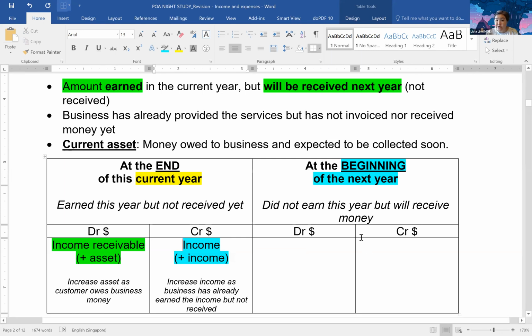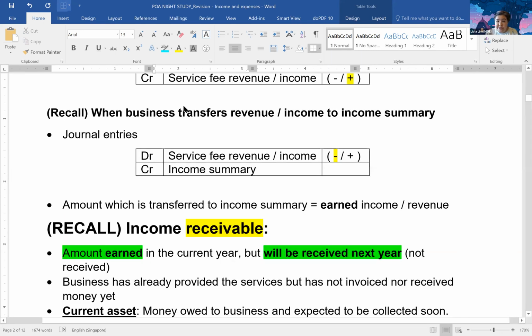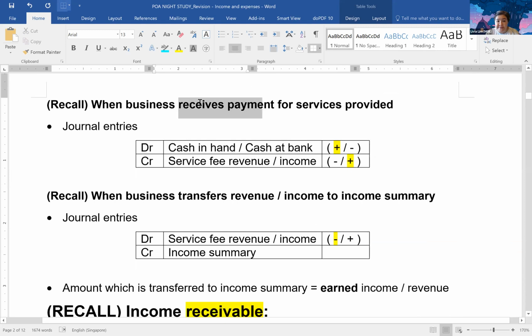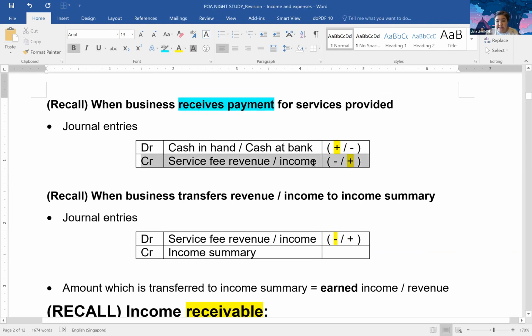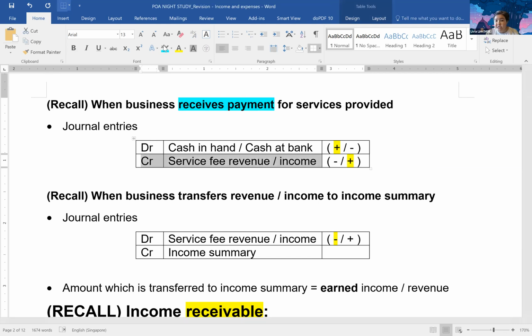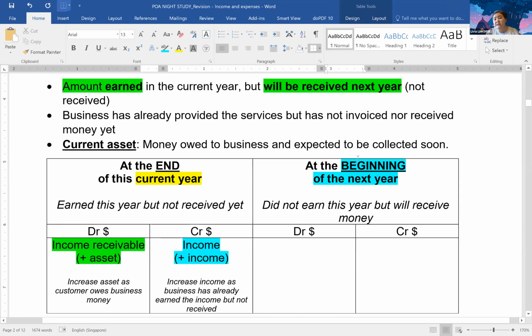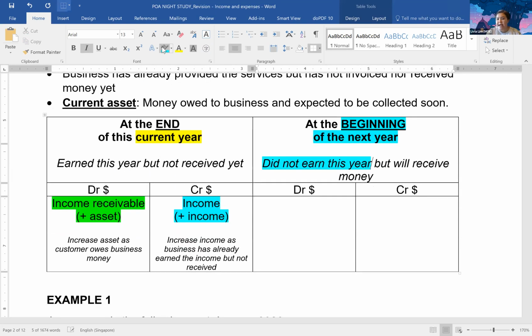So I'm going to scroll back again. Can you see here? When you receive a payment, you actually will credit service fee revenue. You actually will increase the service fee revenue or service fee income. But the reality is you did not earn the money in that year. You actually earned it last year.